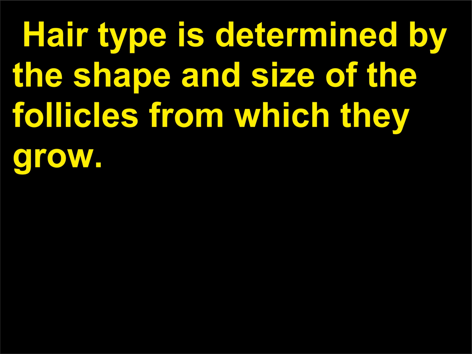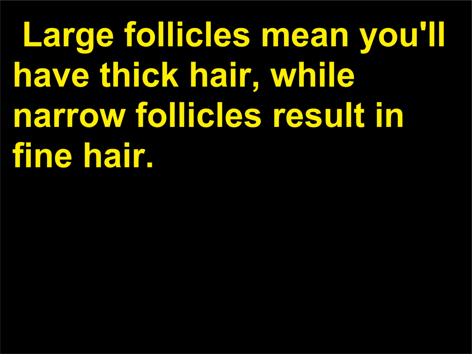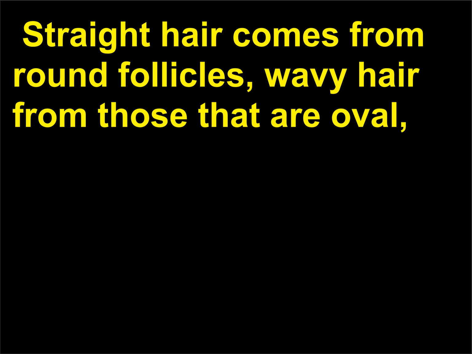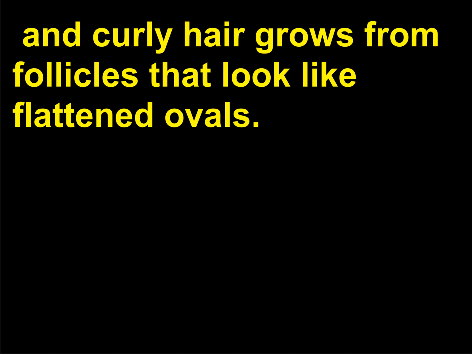Hair type is determined by the shape and size of the follicles from which they grow. Large follicles mean you'll have thick hair, while narrow follicles result in fine hair. Straight hair comes from round follicles, wavy hair from those that are oval, and curly hair grows from follicles that look like flattened ovals.